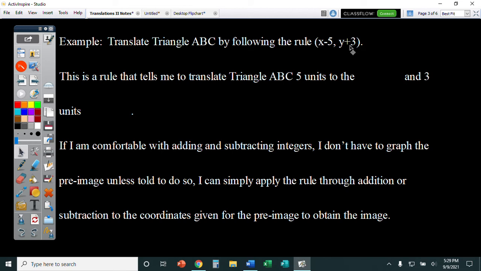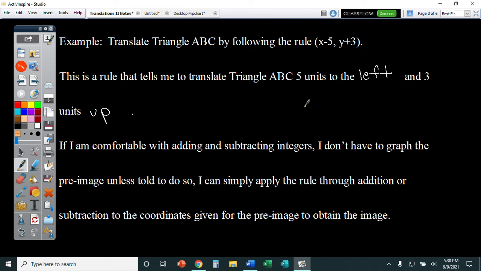This particular rule means that I'm going to translate each vertex of this triangle 5 units to the, now this is a subtraction sign on the x coordinate, so that means it's got to move to the left 5 units, and the plus 3 is attached to the y, so that means every y coordinate is going to be moved 3 units up, okay? That's how we use a rule.